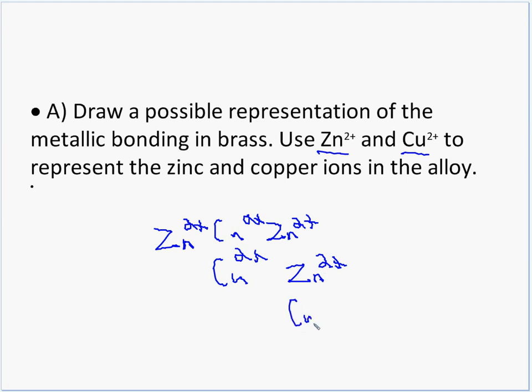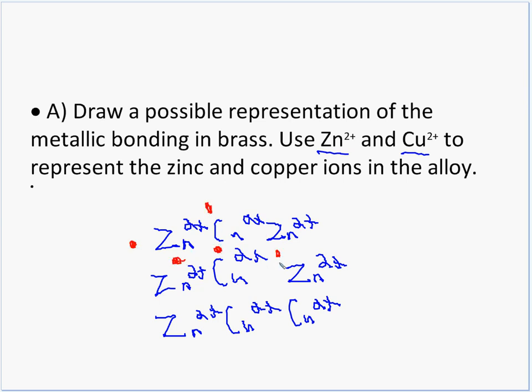Okay, so I'm going to draw a couple more. But if it were just all these positive charges, they would repel each other very strongly. So we've got to remember there's a sea of electrons.